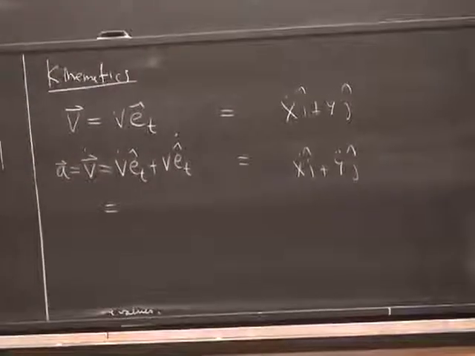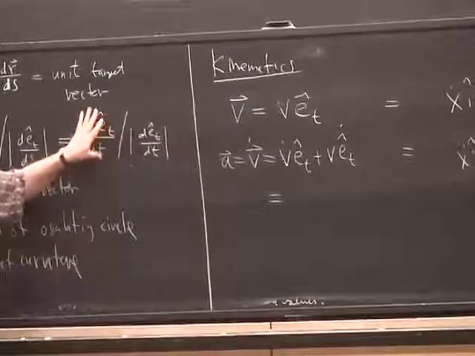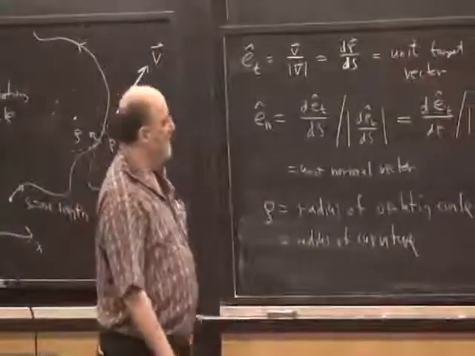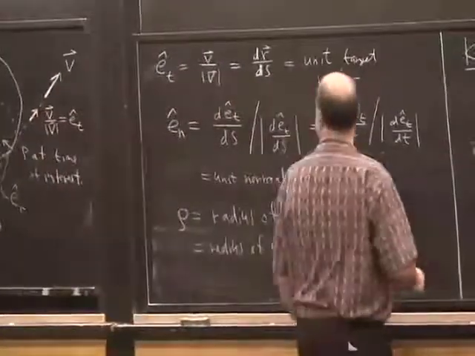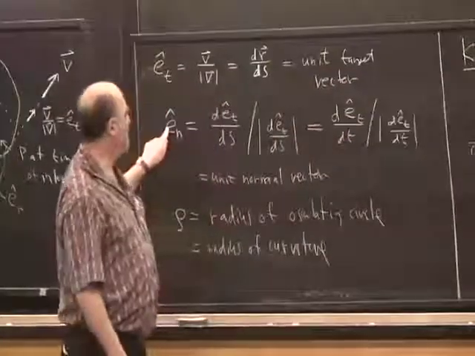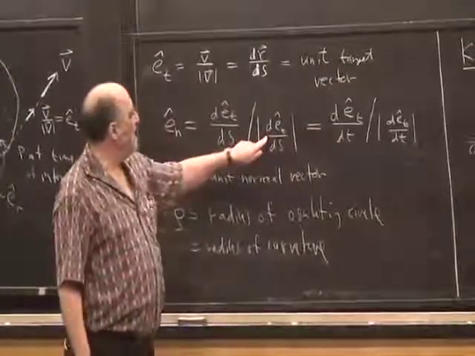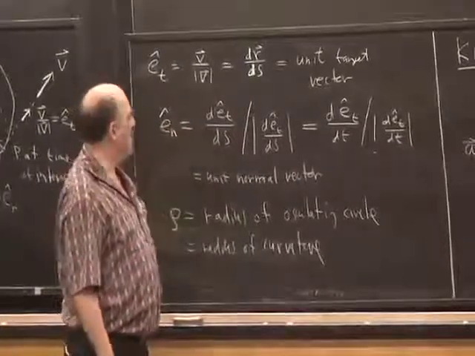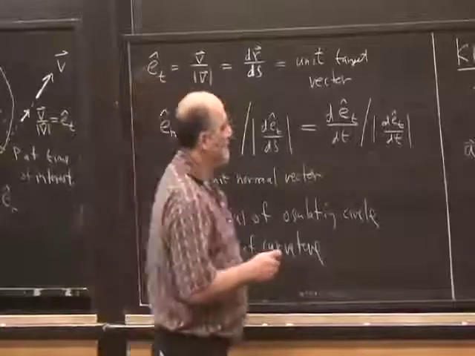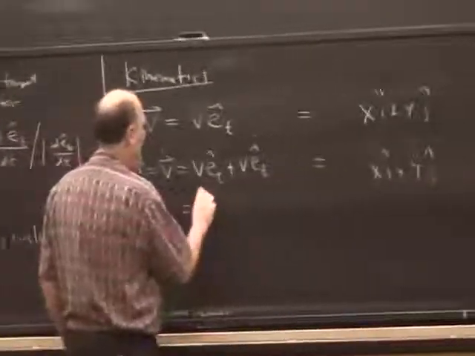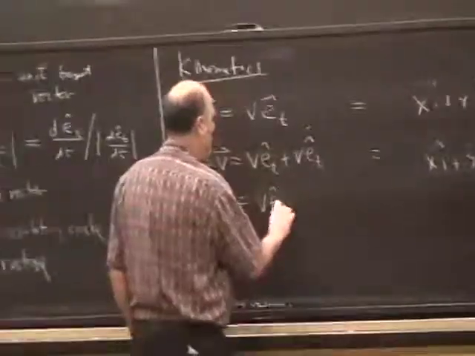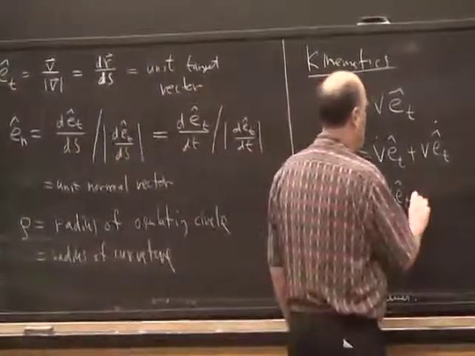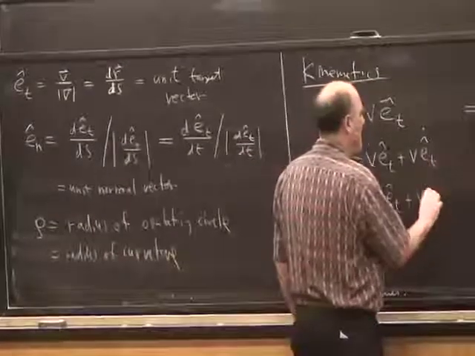Well, here's et dot. If we take et dot and rearrange it, we have this en. So here we have the rate of change of et with respect to s, we have de dt ds. So we can rewrite this as v dot et, and then we can put here a v times et dot.